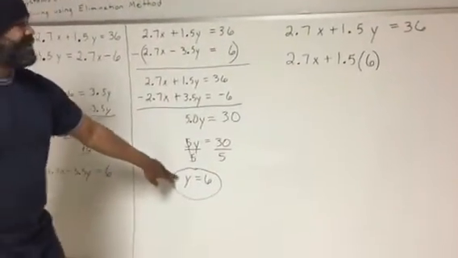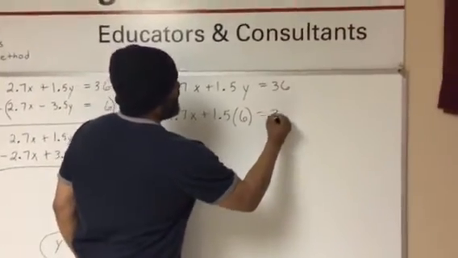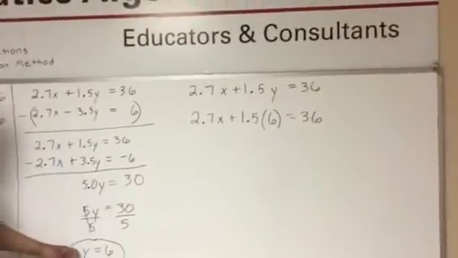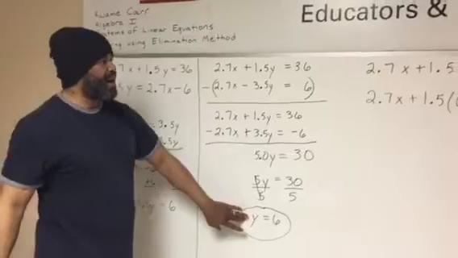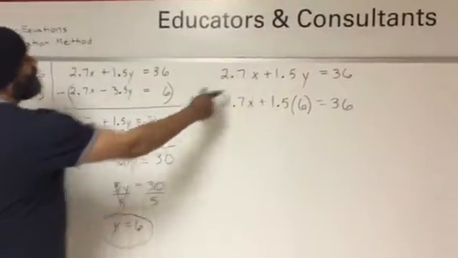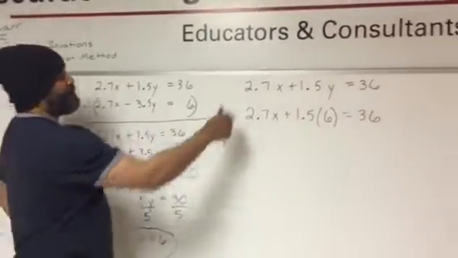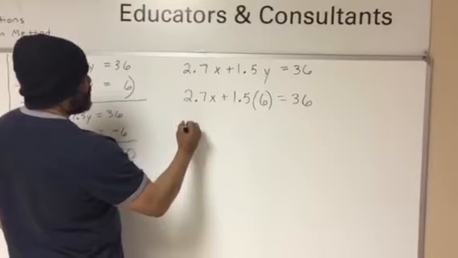So instead of the y, I'm going to put times 6 equals 36. All right, I took my y, I did all this work over here so I could find one of these variables. I found y, I substituted y into the top equation right here, right behind the 1 5/10, and I placed it here. So let's do some work.